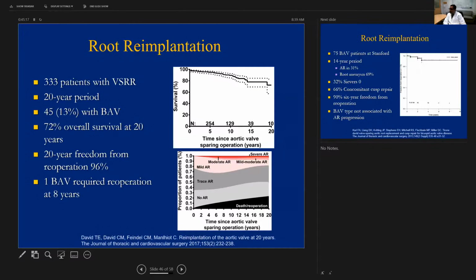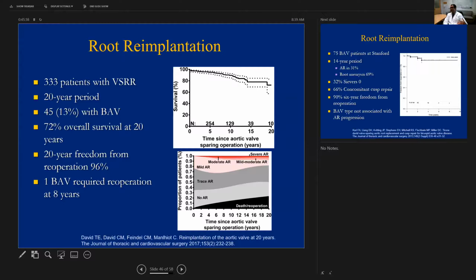There's a series by Dr. Tyrone David, who looked at their valve-sparing root reimplantation outcomes. It was a paper in 2017. This is all valve-sparing root reimplantations that they've done, so tricuspid and bicuspid. But if you see, amongst the 333 patients done in Toronto at their center, only 45 patients were bicuspid patients.